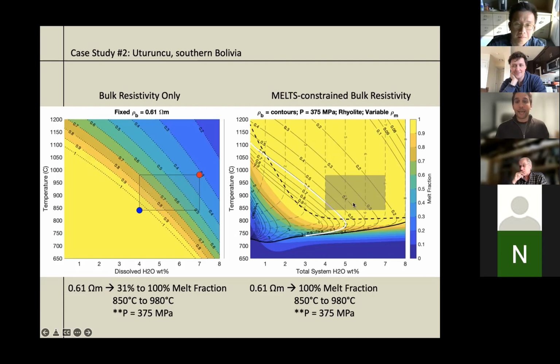And so what I was saying is that perhaps these petrological estimates of temperature are too high because maybe the system has cooled in the last 300,000 years. And so you're basically extending this gray box down into this region here, where you end up with much lower melt fractions.